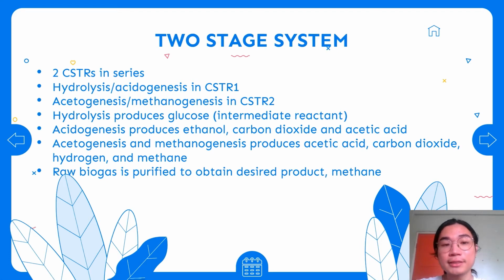The hydrolysis stage will produce glucose, which is an intermediate reactant for the subsequent reactions. Meanwhile, acidogenesis produces ethanol, carbon dioxide, and acetic acids. Later, acetogenesis and methanogenesis will produce acetic acid, carbon dioxide, hydrogen, and methane as the biogas.